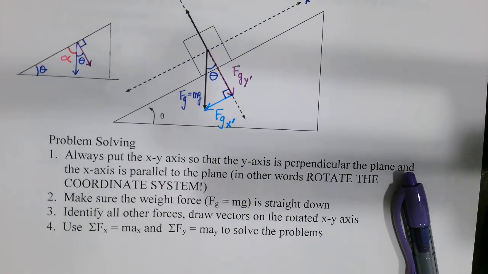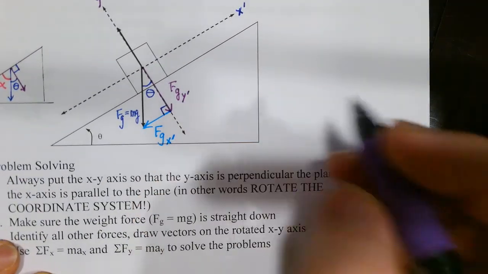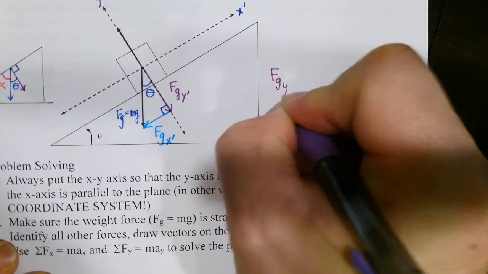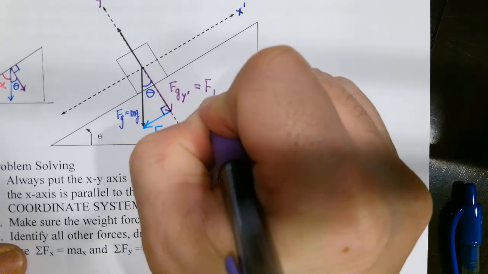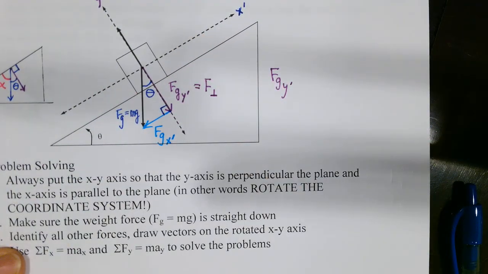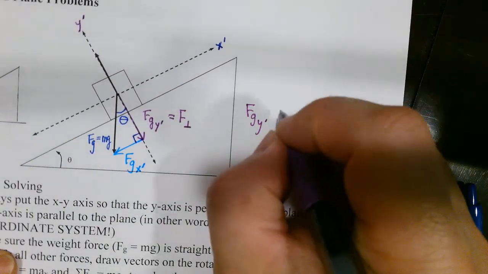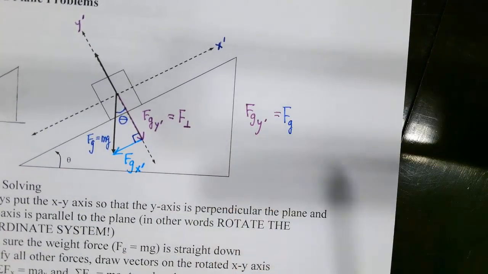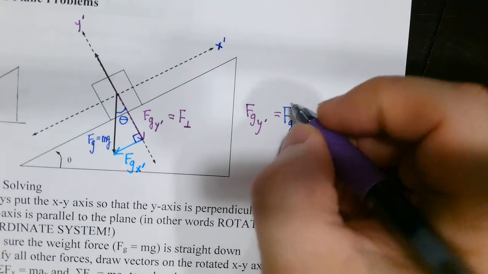Okay? That means your FGY, so your FGY is sometimes known as F perpendicular because it is perpendicular to my XY plane, well, I mean my X prime axis. So this is equal to simply FG times, this is adjacent to my angle theta, so this has to be cosine.